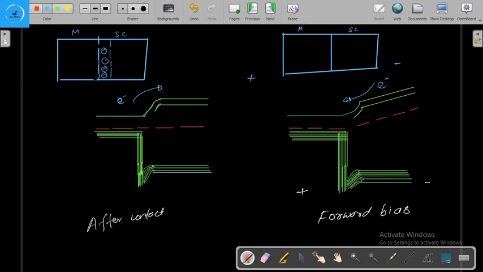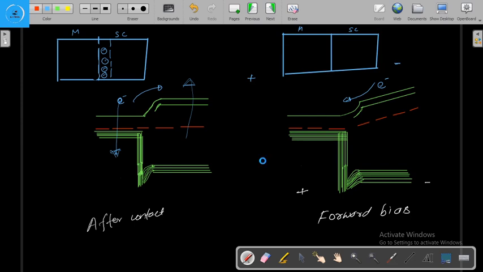The energy band diagram of the metal will be pushed down, and the energy band diagram of the semiconductor will go up, because the negative terminal of the voltage is applied. So finally the energy band diagram of the metal and semiconductor contact will come like this, and here the electron will easily flow from the semiconductor to the metal.